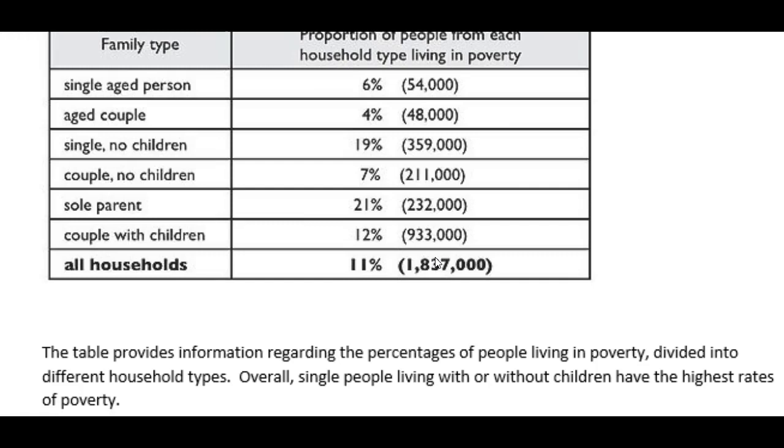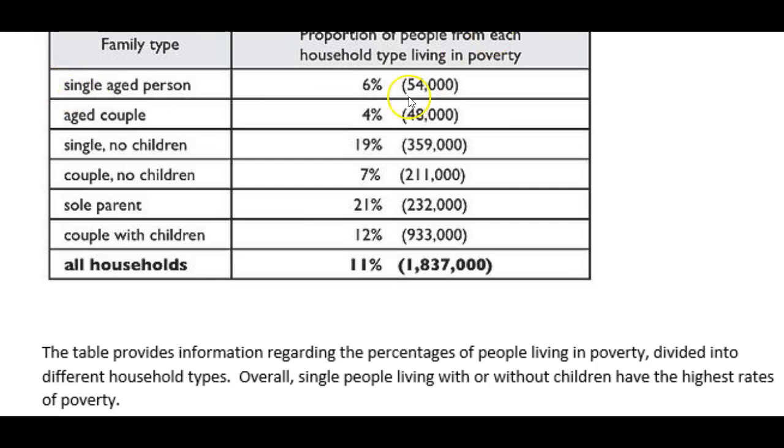So then you can give specific data. That's when I started talking about couples with no children. And then I grouped these guys together too. So I grouped the single-aged with the aged couples together, saying that the lowest figures for poverty were found in the elderly.